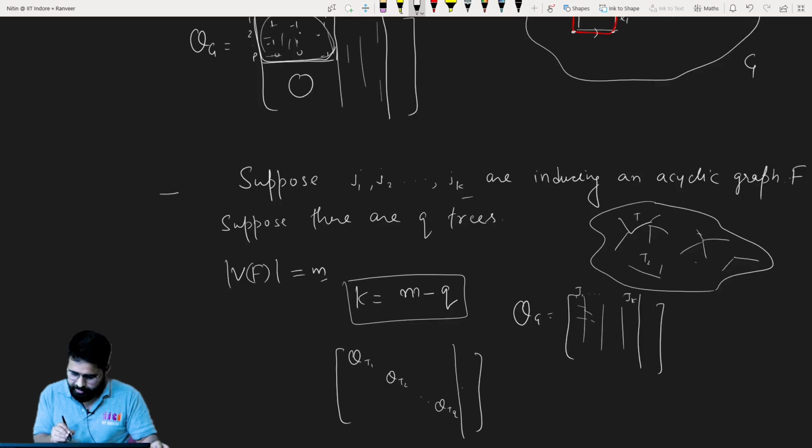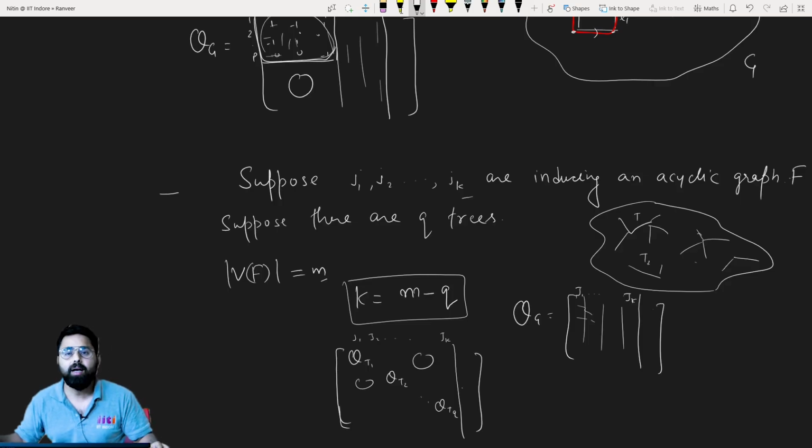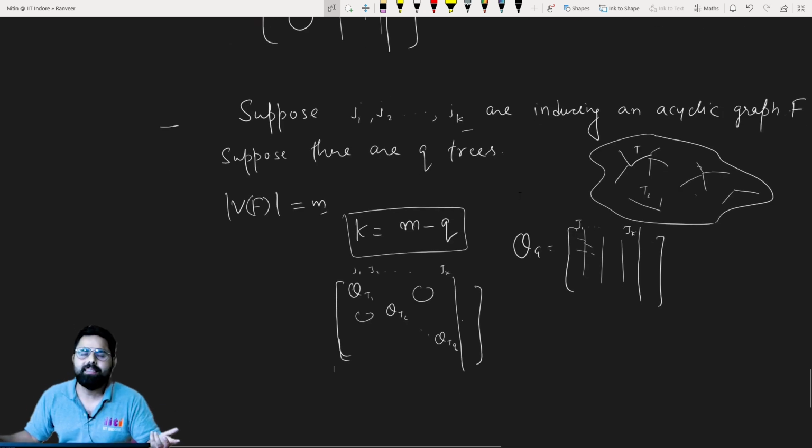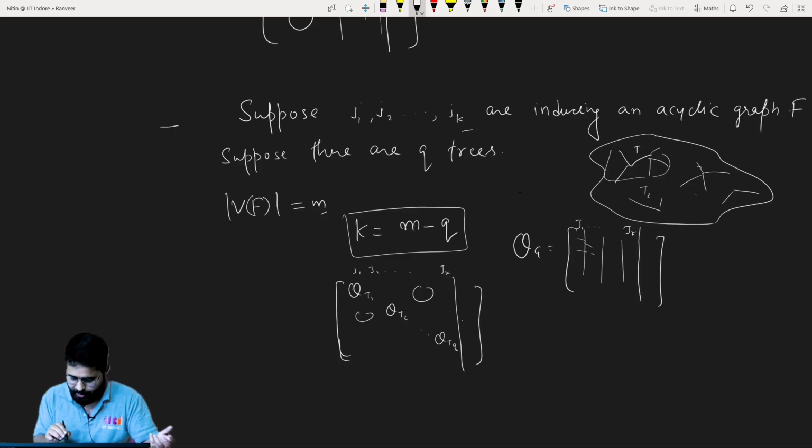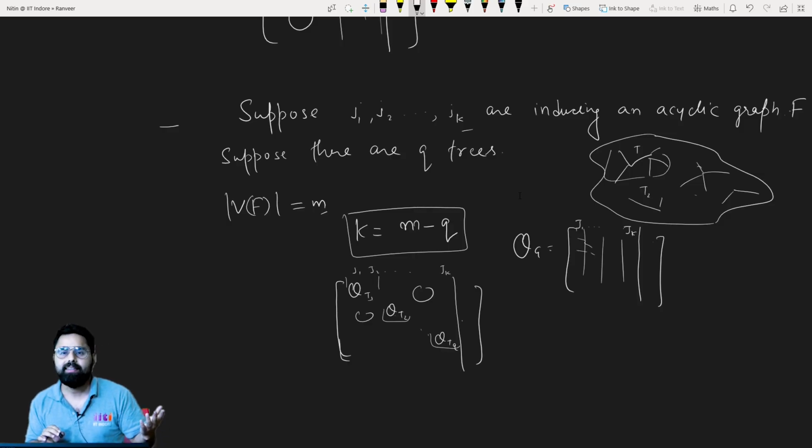These are the columns J1, J2 up to JK. Everything else here will be 0. What will be its rank? We already know the rank will be the number of vertices minus 1, so each block is full rank. We have already seen in our previous lecture that when the graph is connected, the rank is n minus 1, where n is the number of vertices.